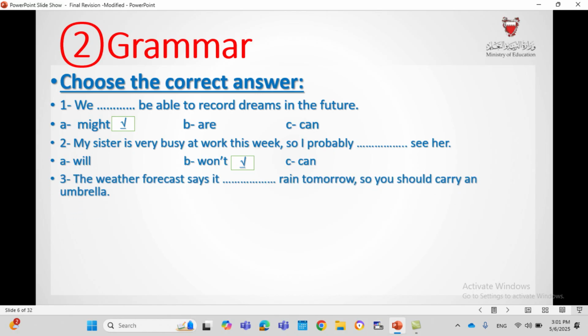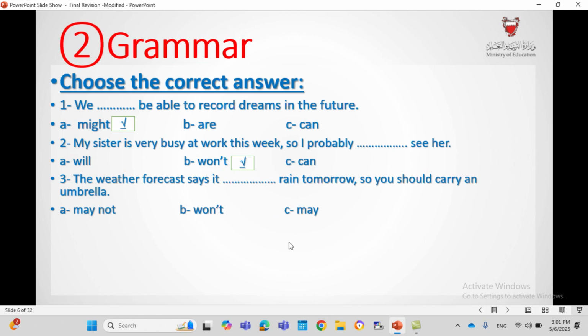Let's come to number 3. The weather forecast says it blank rain tomorrow, so you should carry an umbrella. And we have 3 choices. May not rain, won't, and as I said, it's the short form of will not, or may.